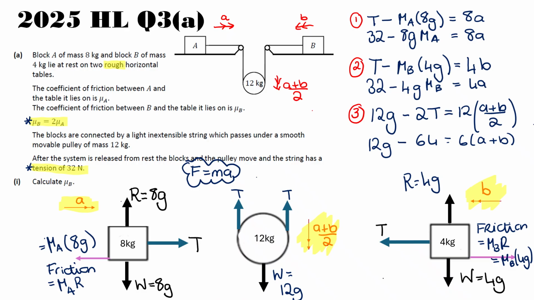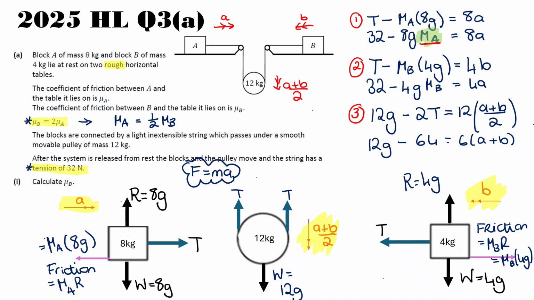Now, because we want to find mu B, it would be much better for us if we replaced mu A with mu B. So mu B is equal to 2 mu A. So we can rearrange that into being mu A is equal to a half mu B. So we can put in a mu B in here with a half.